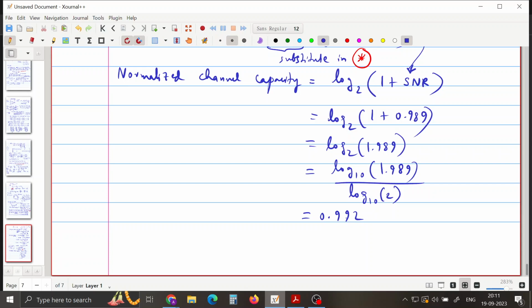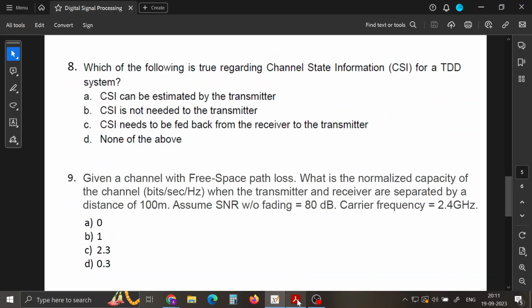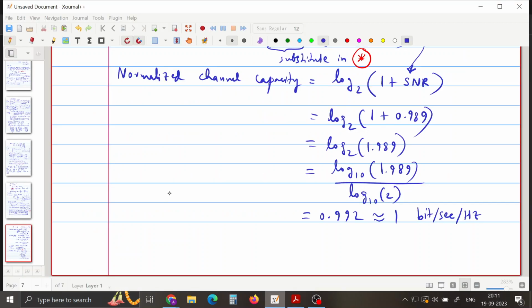So this comes out to be 0.99, which is approximately 1, right? This is 1 bit per second per hertz. And if you check with the options, it is option B, 1. This is your answer.